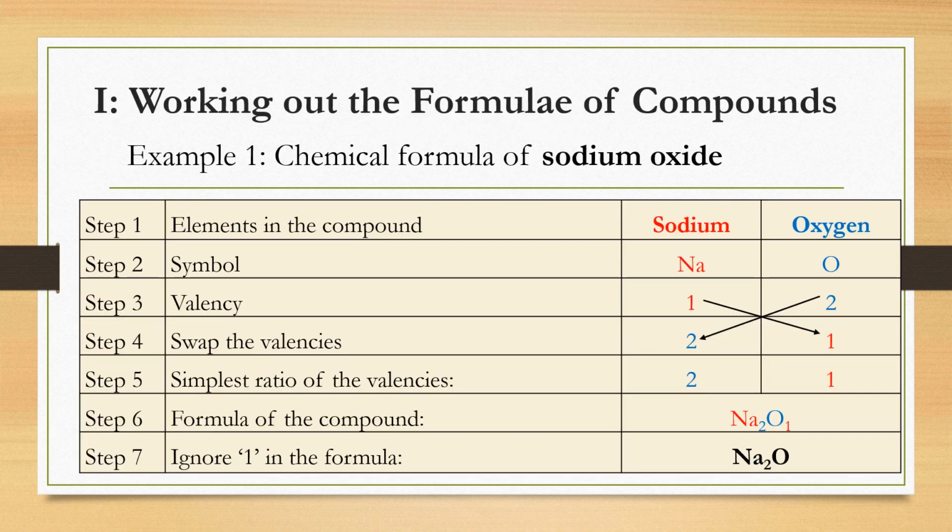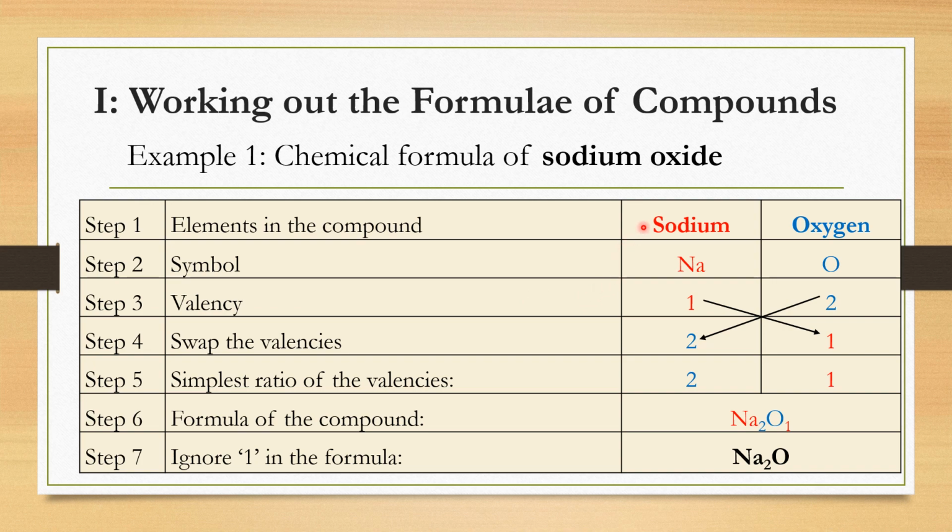Let's see how we work out the formula of sodium oxide. First, you need to identify the elements present in the compound. The elements present in sodium oxide are sodium and oxygen. Then you write down the symbol for each element.